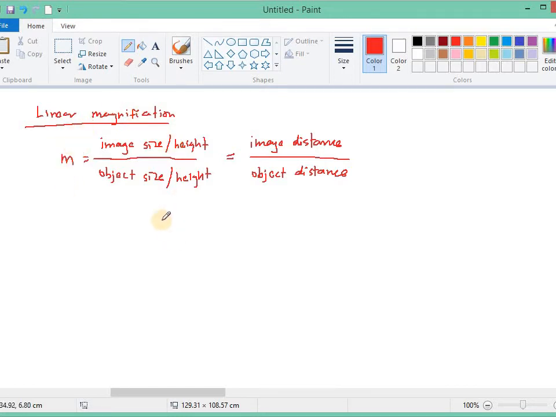So that's why we can calculate the linear magnification by using image distance over object distance.